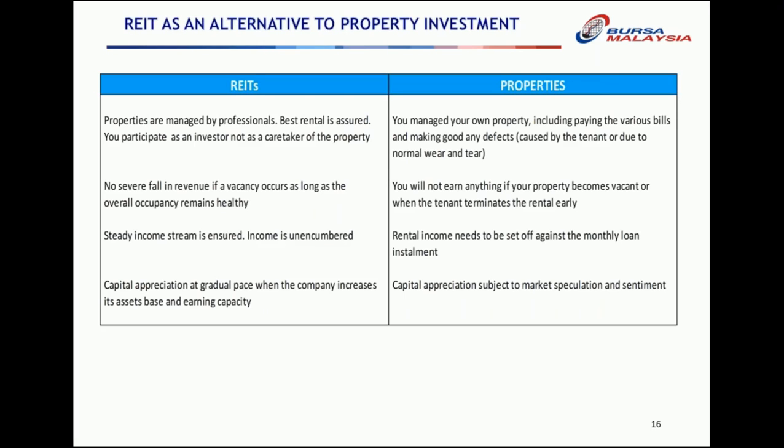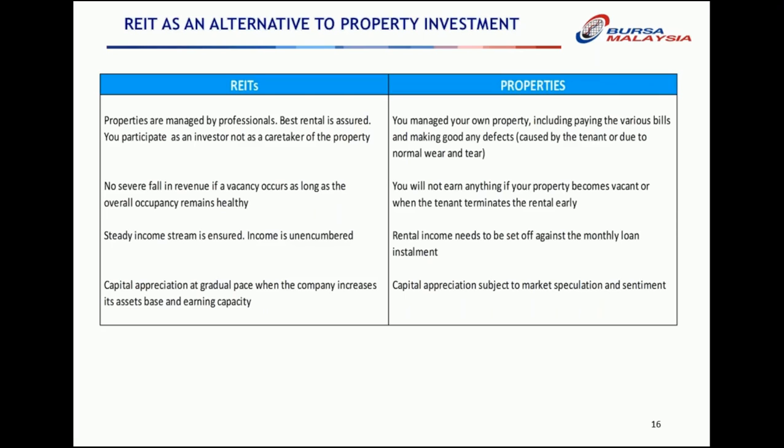Now in REITs, there's no severe fall in revenue if a vacancy occurs, as long as the overall occupancy remains healthy. Look at a shopping mall. I would term a healthy occupancy in a shopping mall as long as it is above 80%. If the shopping mall is at 50 to 60%, it should not even be opening at all, because once you have that much vacancy, you will never be able to cover your operating expenses, overheads, and such. So that's why in most prime real estates, the occupancy rate is very, very high.